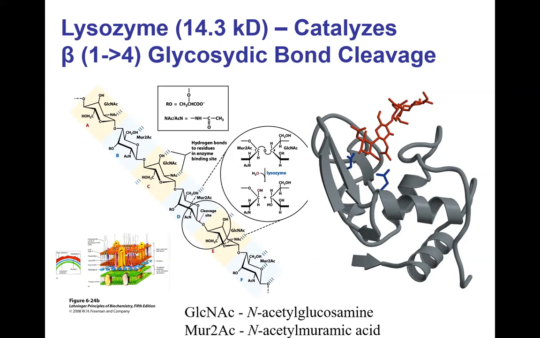Very small enzyme, 14.3 kilodalton. And what it does is that it catalyzes hydrolysis of the glycosidic linkage, beta-1,4 glycosidic linkage. Okay. So if you'll pay attention to the bottom left, I'm showing you the bacterial cell wall structure of a gram-negative bacteria.